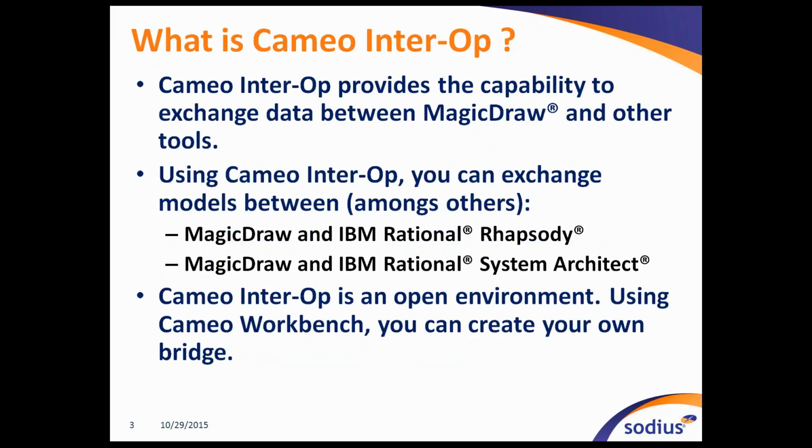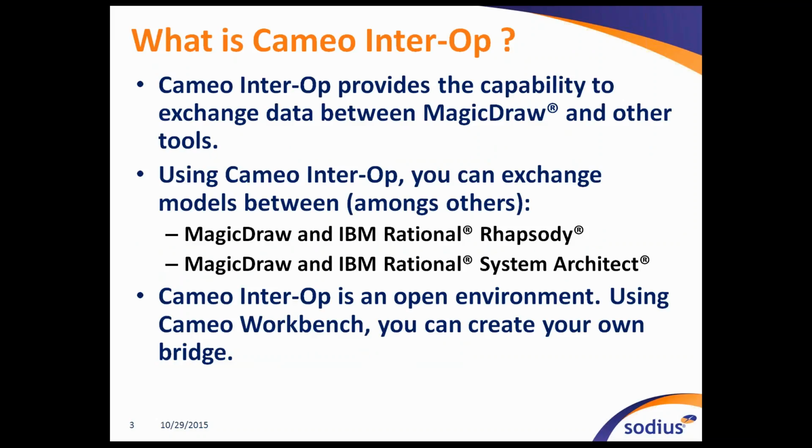So what is Cameo Inter Op? Cameo Inter Op provides the capability to exchange data between MagicDraw and other tools. Using Cameo Inter Op, you can exchange models between MagicDraw and IBM Rational Rhapsody, and also MagicDraw and IBM Rational System Architect.